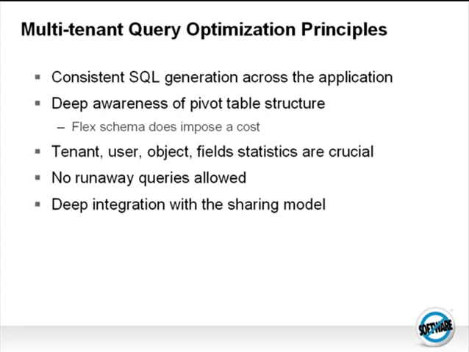So like all good modern optimizers, it is aware of statistics. There is a fairly elaborate set of statistics that we gather. Some are gathered synchronously, some are gathered asynchronously on a weekly or daily basis, and all of these inputs go into the eventual query generation.